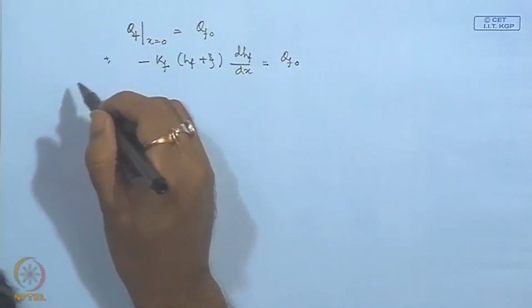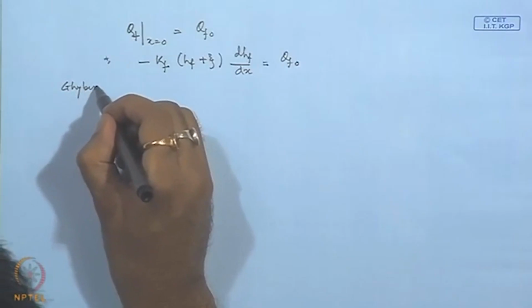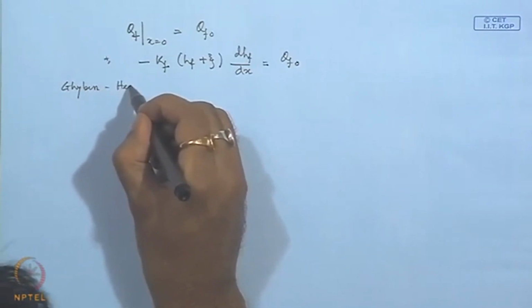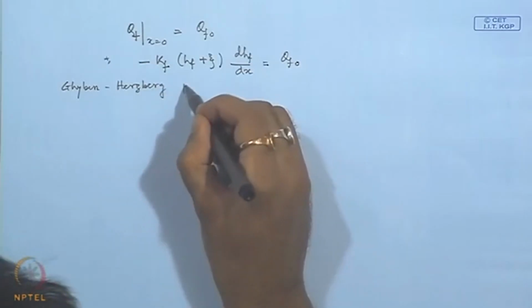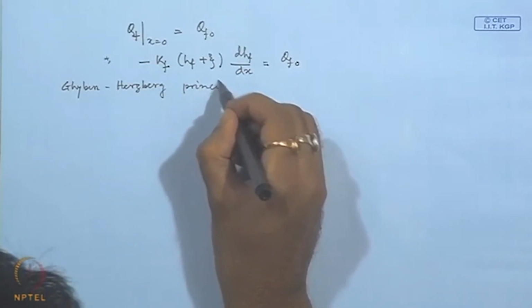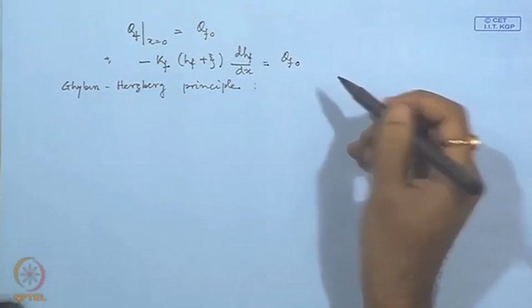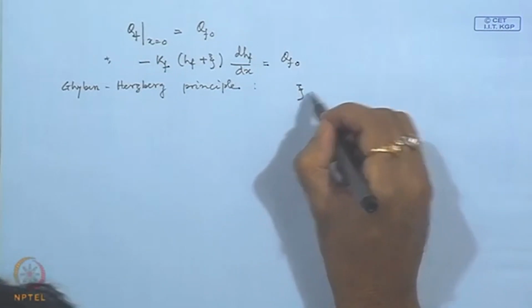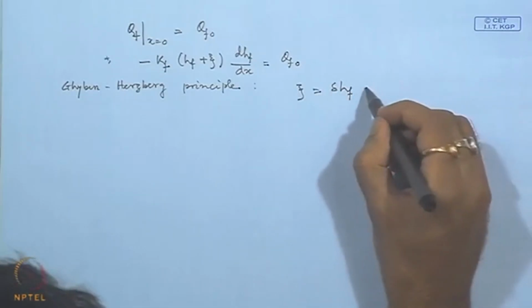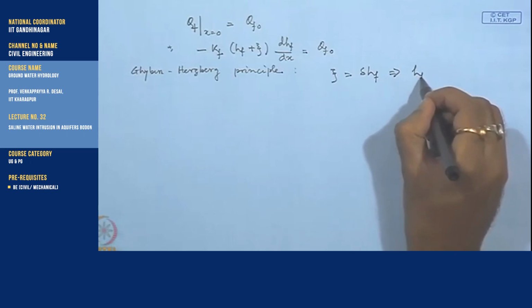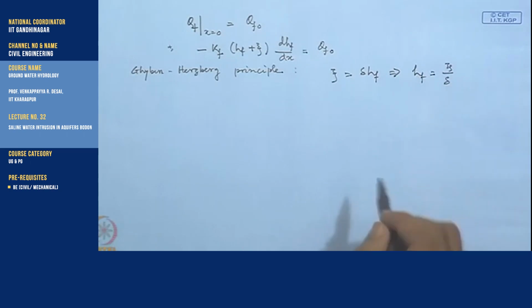And now if we apply our Ghyben-Herzberg principle, we have xi equals to delta plus Hf for unconfined aquifer, or Hf is equals to xi by delta.